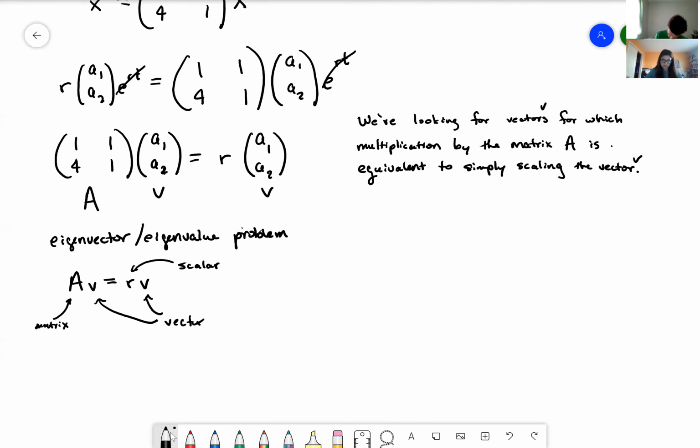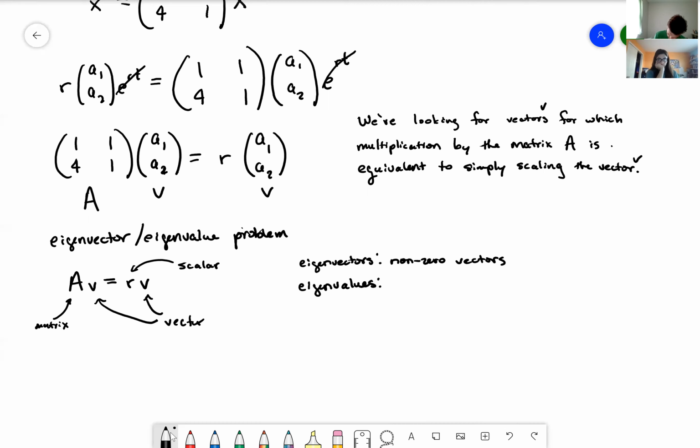And we're trying to find the eigenvectors. These are the non-zero vectors, and the corresponding eigenvalues.